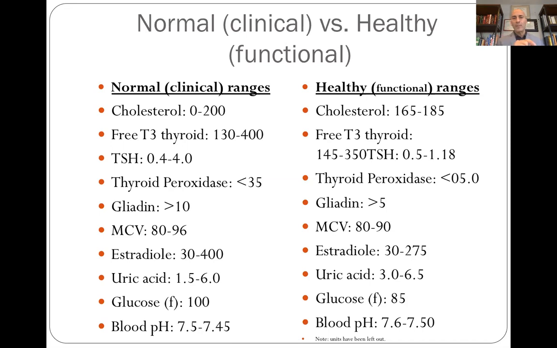So every 0.1 abnormality is 10 times abnormal. So if I'm saying that I want this at 7.5 and 7.4 is the average clinical and the healthy is 7.5, that's 10 times difference in pH. But I find that people feel much better and heal much better when they have a higher pH than average. There are exceptions to that rule because there are exceptions to every rule, which brings me to the next point.